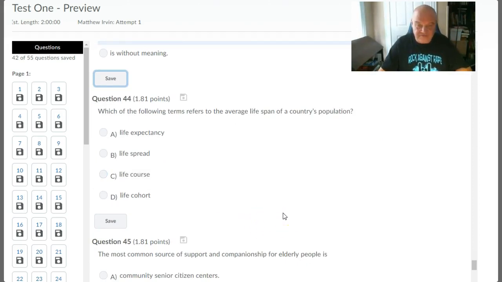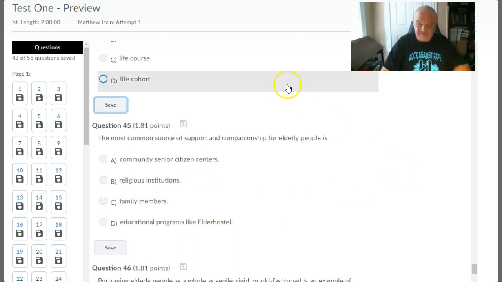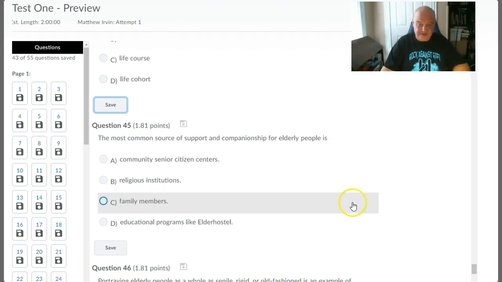Question 44, which of the following terms refers to the average lifespan of a country's population? That would be life expectancy. Question 45, the most common source of support and companionship for elderly people is family members.